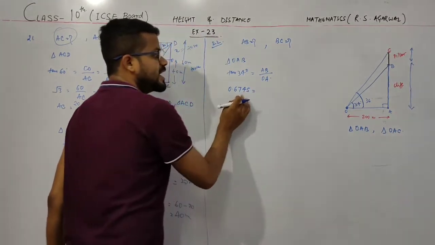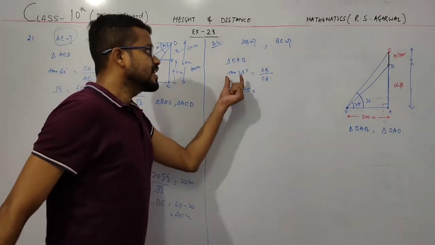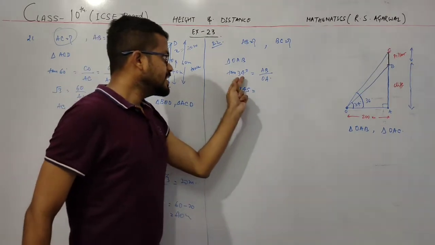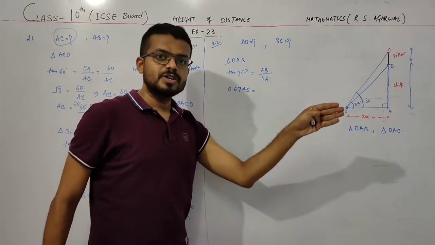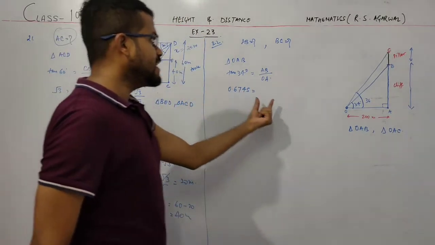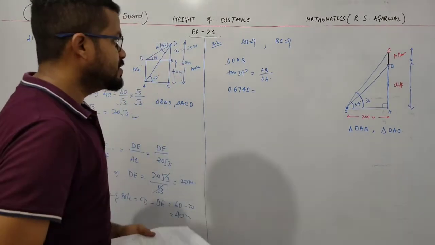How do I get this value? By using the table. Go to the table of tan, search where 34 is written, go in the horizontal direction, and write down the first value. So this is 0.6745.